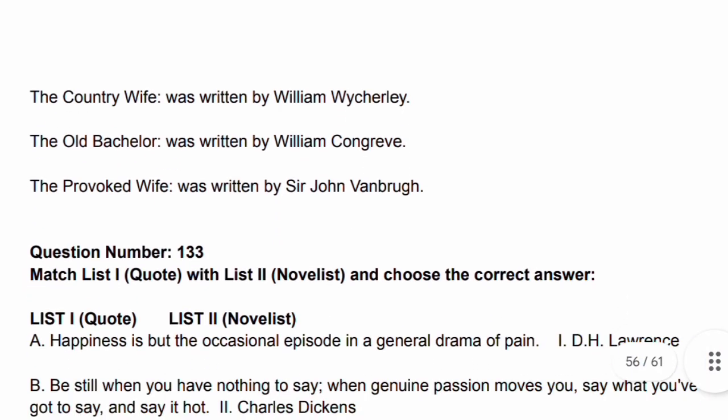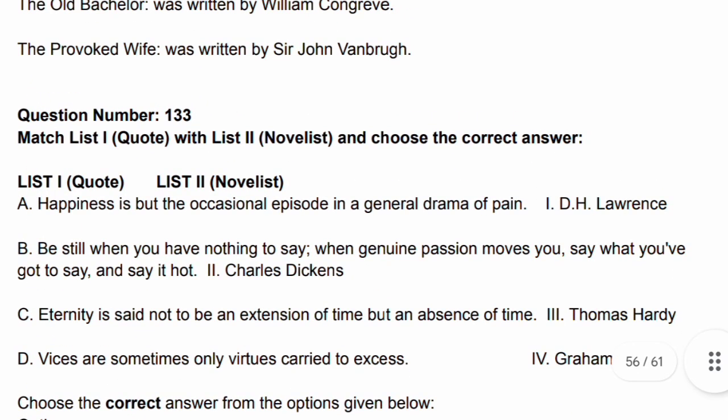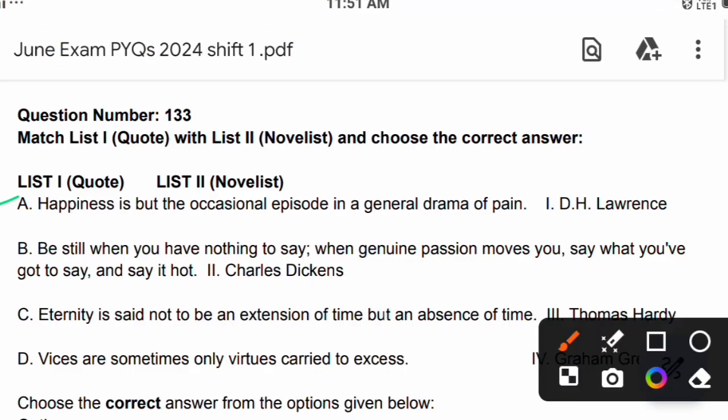So the next question you have, question number 133. Match the list that has a quote in the first one and a novelist in the second. A: Happiness is but the occasional episode in a general drama of pain. B: Still, when you have nothing to say, when genuine passion moves you, say what you have got to say, and say it not.